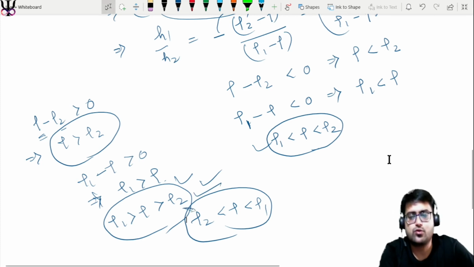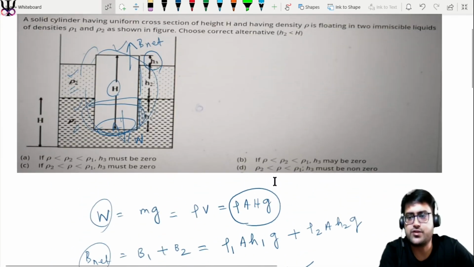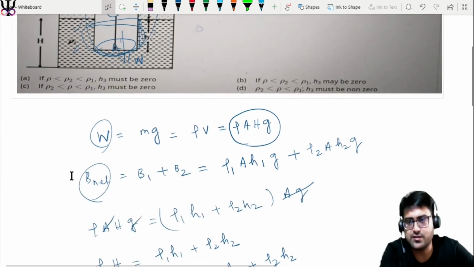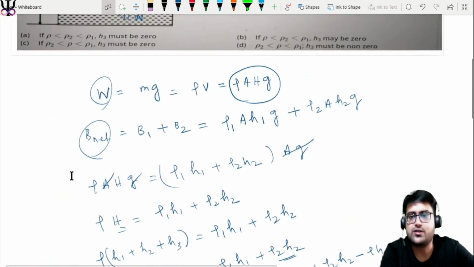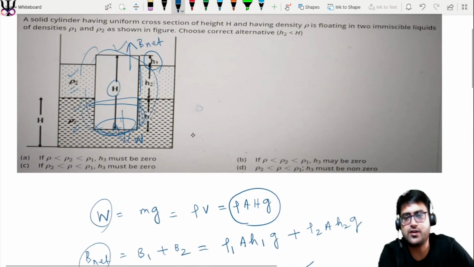So first let's go from the options. The first option: ρ less than ρ2 less than ρ1. Do we have a condition like this? No, we don't have a condition like this, right? So this condition wouldn't work. Would this condition work?